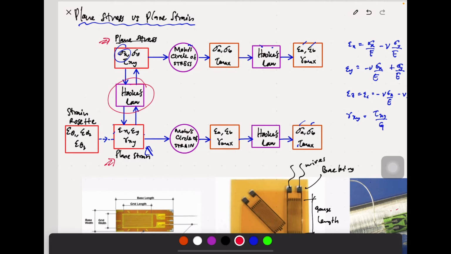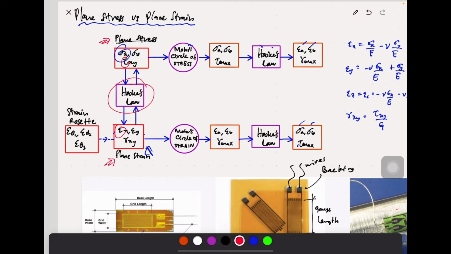Normal stress and shear stress can be changed into the small Greek letters at the bottom right here, epsilon and gamma, representing the normal strains and shear strain, like we have sigma for normal stress and tau for shear stress. So they can be changed from plane stress to plane strain, which I'm going to explain in this video, the concept of the two.